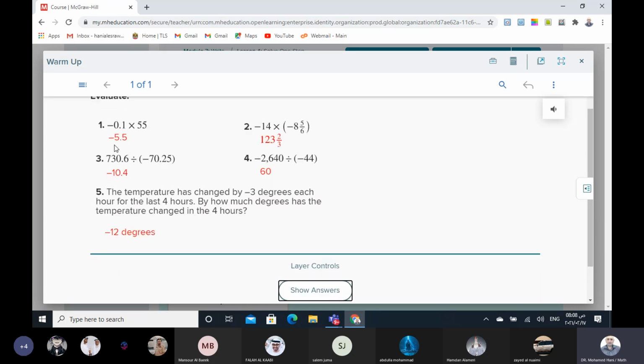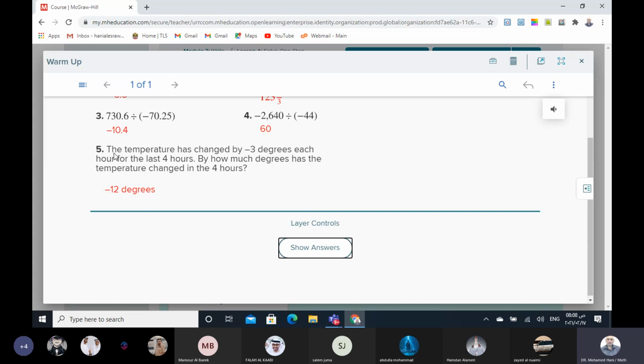Okay, the answer here is minus 5.5, and the answer here is 123 and 2 over 3, and the answer here will be minus 10.4, and the answer here will be 60.